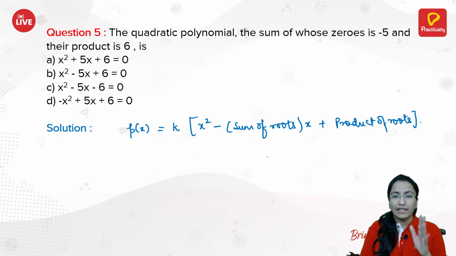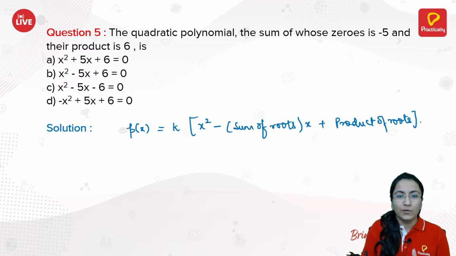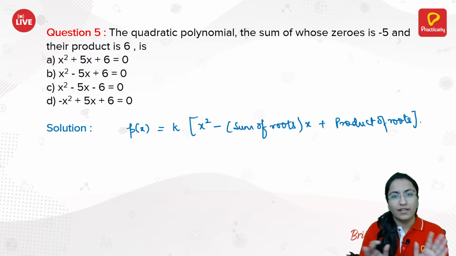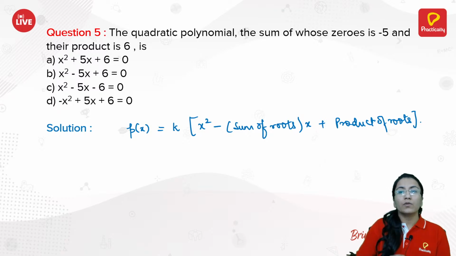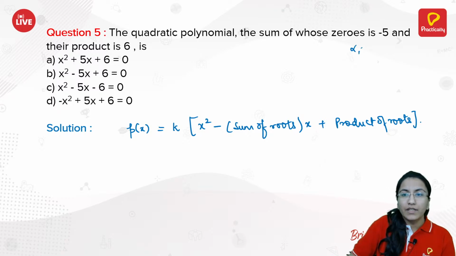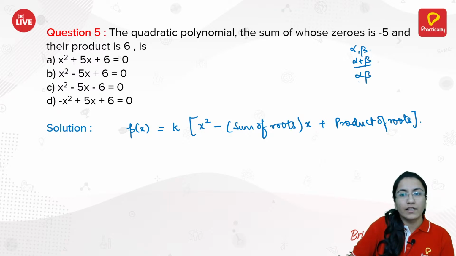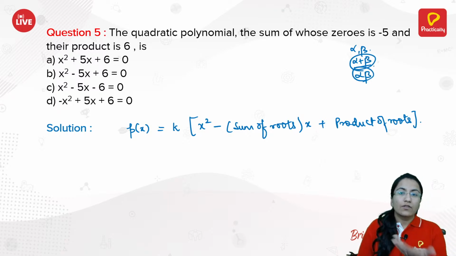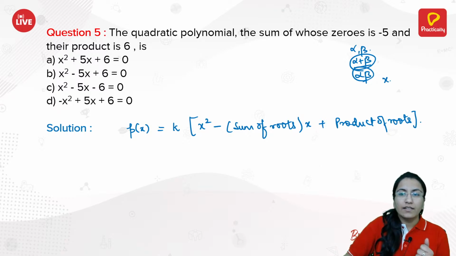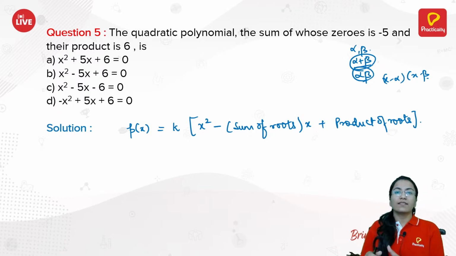So if you don't remember this formula, like how to write such an equation, suppose you are sitting in an examination and you can't recall it. What you can do is say that alpha and beta are the 2 roots, alpha plus beta and alpha into beta are given to you. So find alpha and beta, and then x minus alpha into x minus beta will be the same.